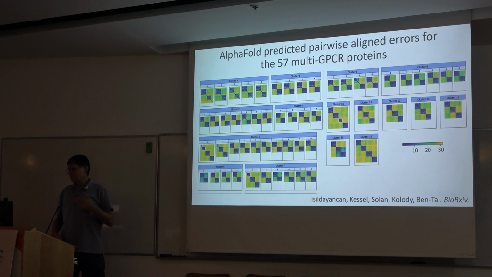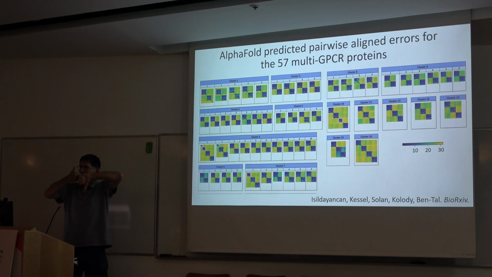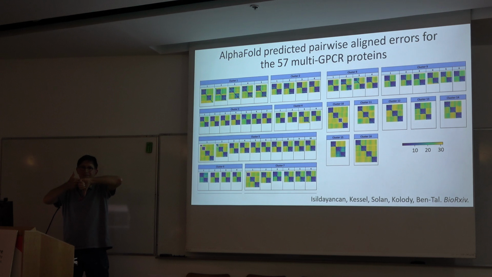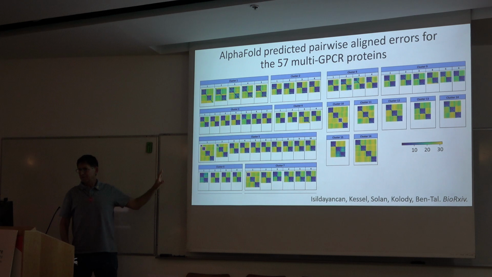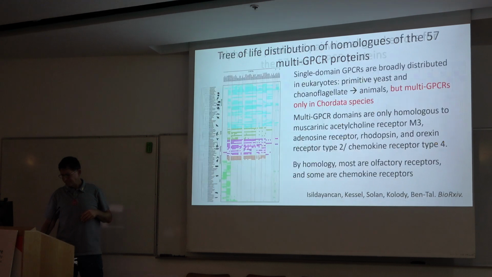Now AlphaFold does orient them with respect to each other, it does predict. And for the most part, it predicts them to be oriented in opposite topology. That is like this. So one of them would be signaling properly, and the other one would just be there, presumably not signaling, according to AlphaFold. But AlphaFold admits that it's uncertain about it.